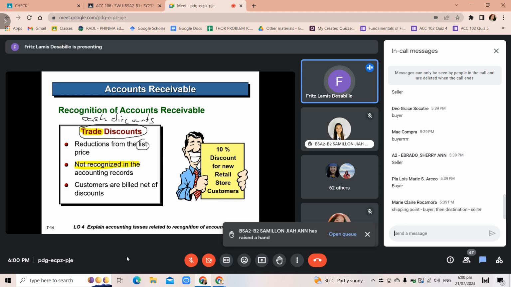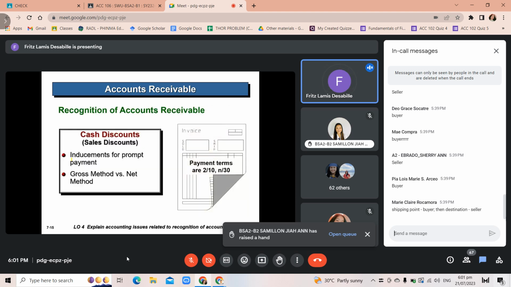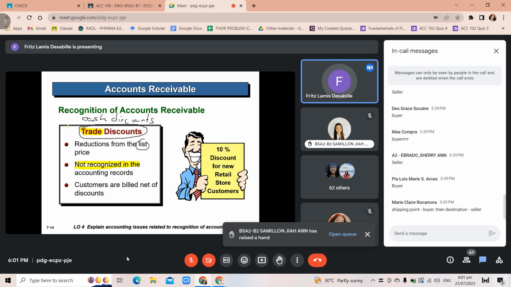Hopefully, we have a transaction here. Wait lang. None. Okay. Since there is none, I'm going to simulate a transaction for a while.